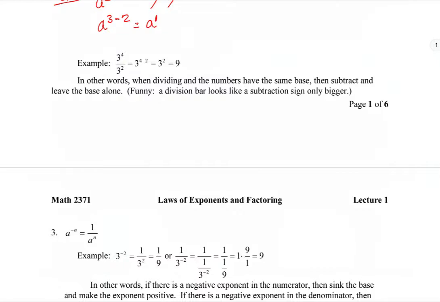So if I go back to my example up here where I had a cubed over a squared, if I wrote this as a cubed times a to the negative 2, now I added those, that's a cubed plus negative 2, then I still get a to the first. So that's 3 different ways that I have shown you that I still get the same answer.